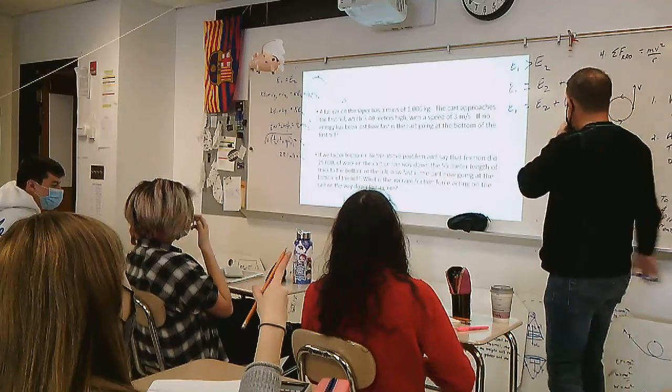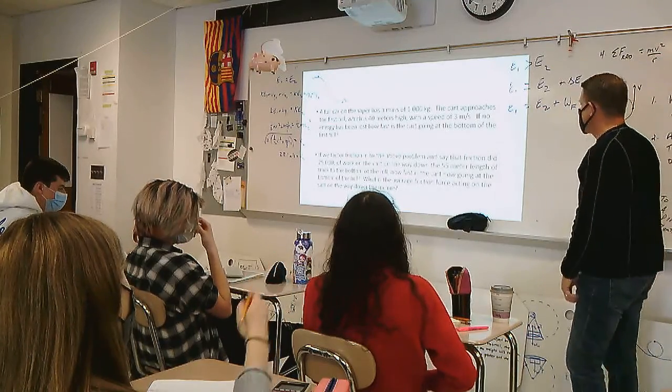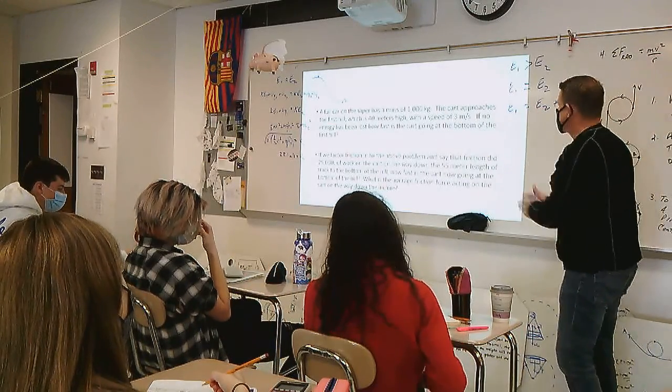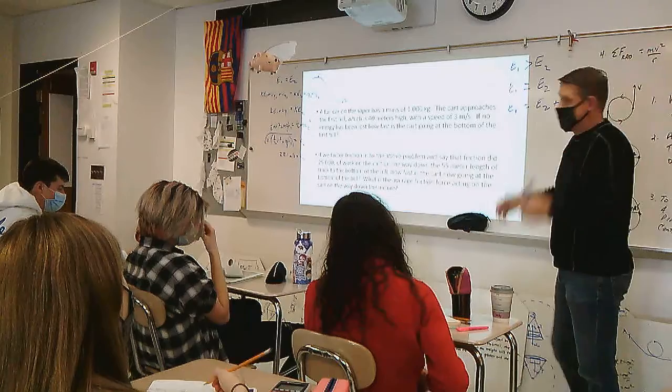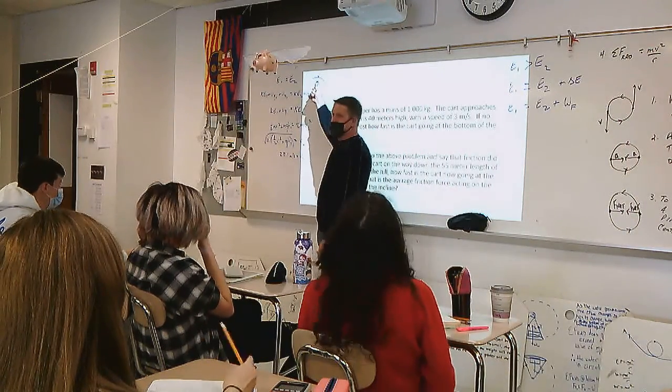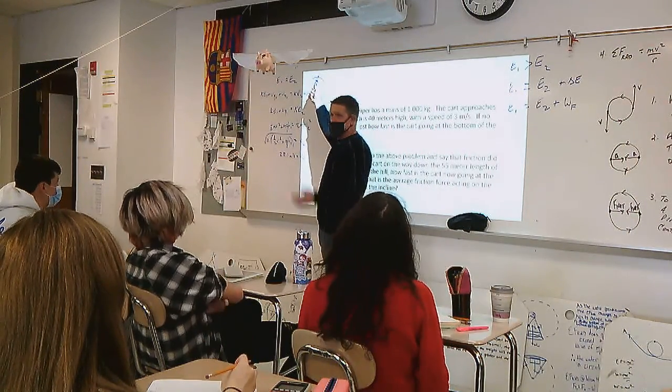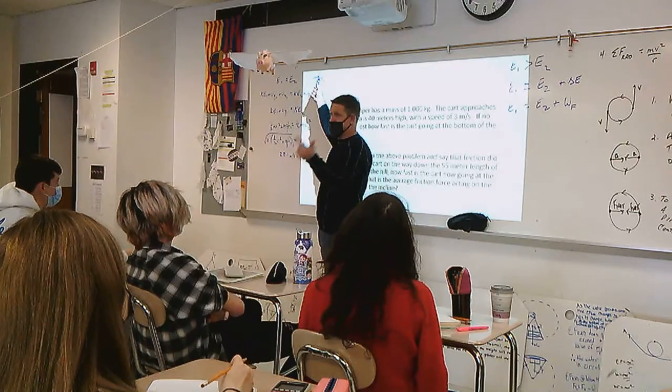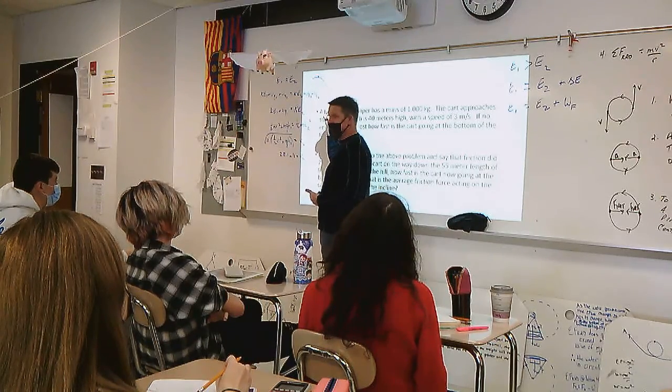Yeah? All right, well, how fast is this thing going at the end? Well, we have to go through the same process, right? Let's skip a step, but basically, what types of energy do we have up here? Gravitational potential and kinetic. I got kinetic down here.